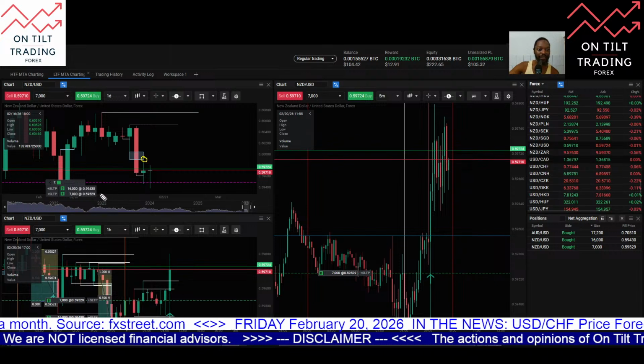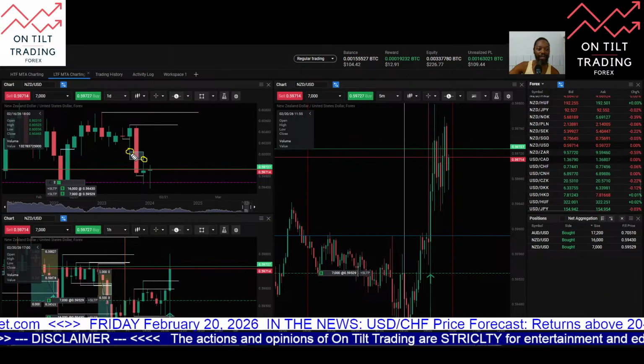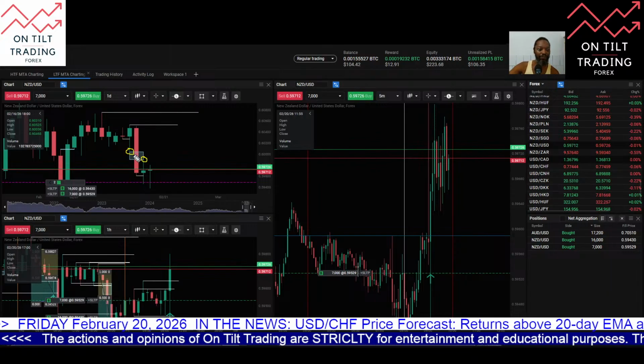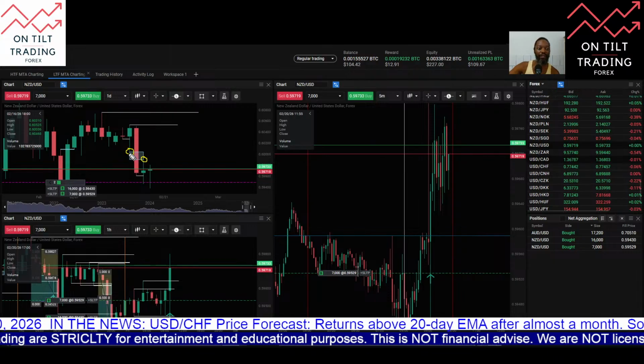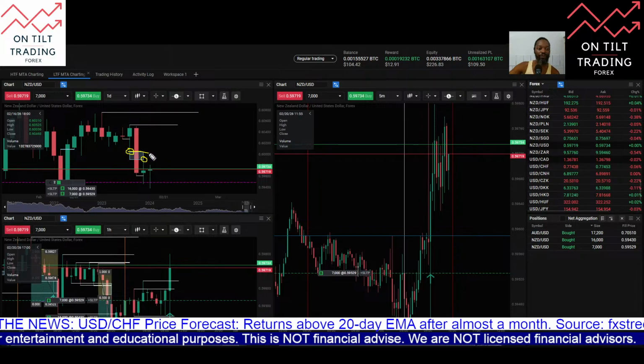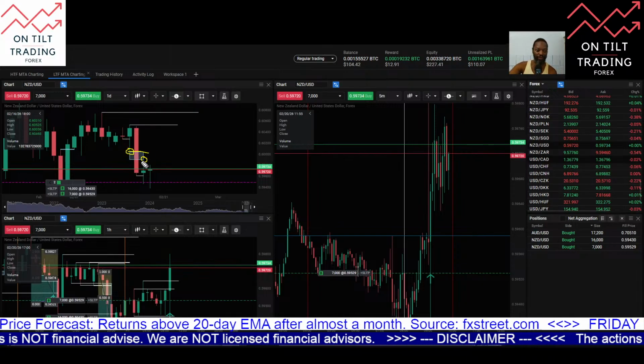And then the second entry, I would only target the rebalance of the sell side imbalance, buy side inefficiency here, which would be high up in the internal liquidity range here. So if I were to separate these two, I would do that.